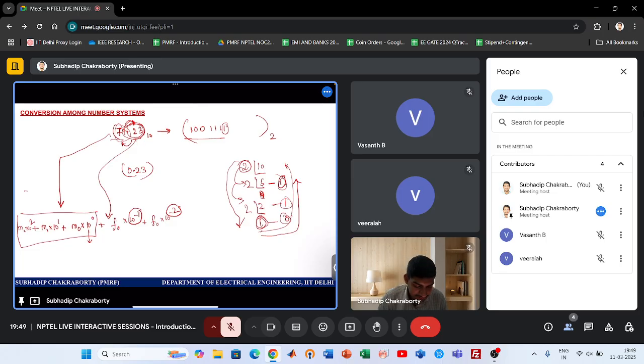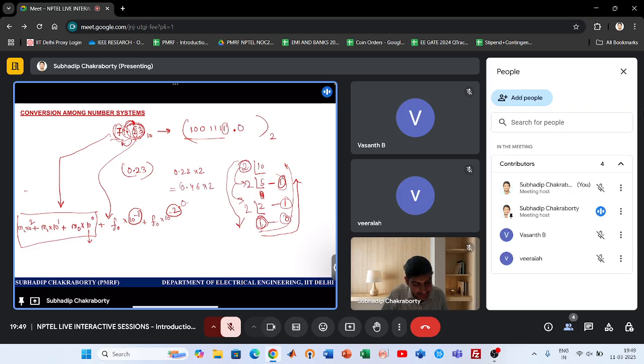Because if someone asks you, what is 0.23 times 2? You start from 0.23, right, and multiply by 2. Then you take 0.46. You again put 0 and again multiply by 2.